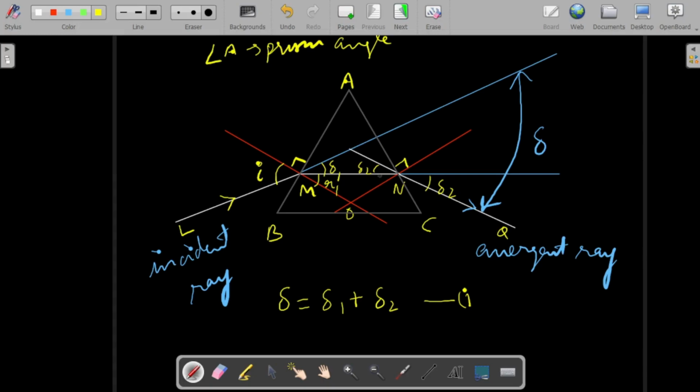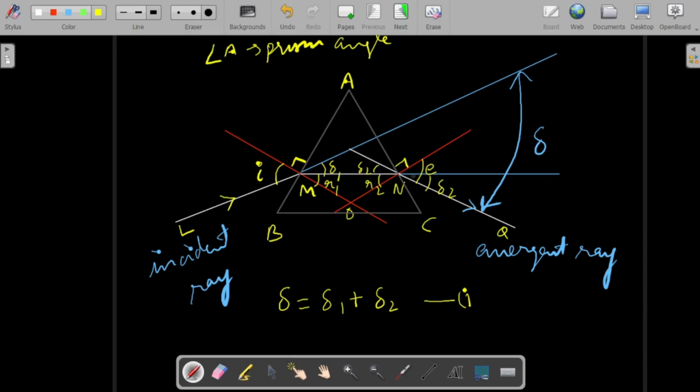Now this angle MNO as R2 will act as the angle of incidence at point N, and the angle between this red line and this white one as the angle of emergence E.